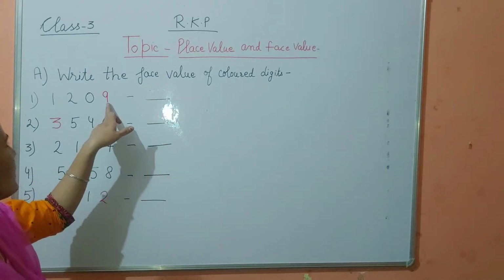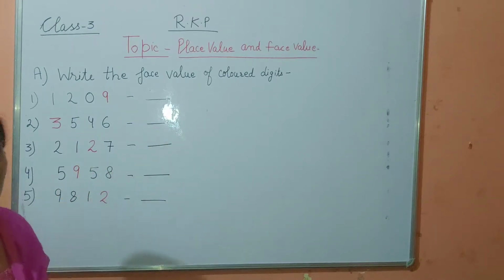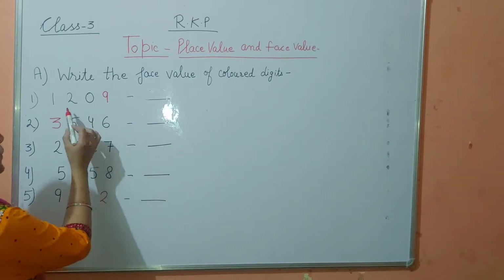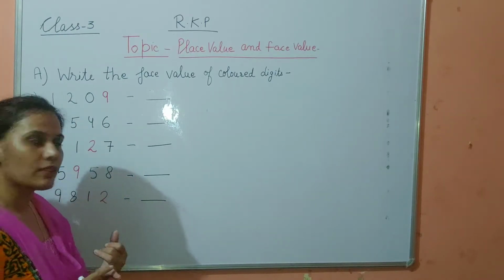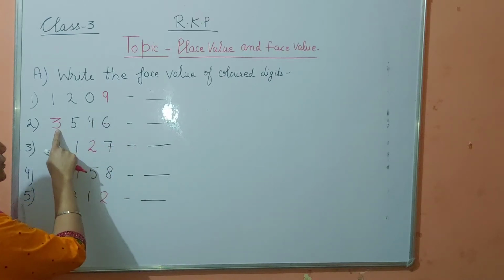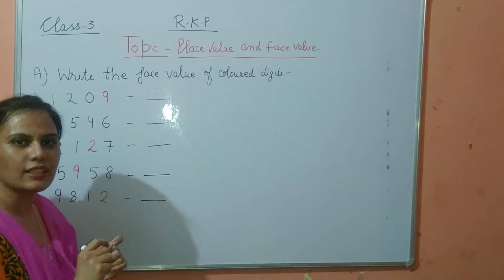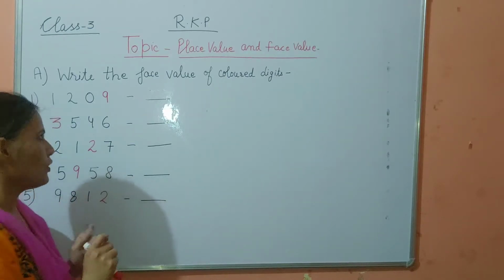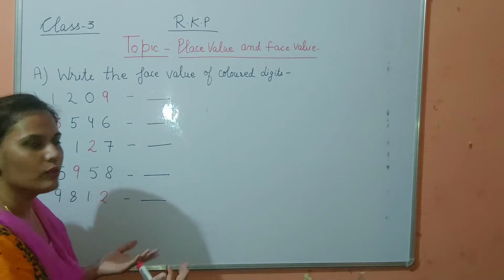As you can see, there are red colored digits whose face value is to be written. So 1209, I have already told you whether the digit comes at 1's place, 1000 place or 10's place, the face value of a digit is the digit itself. So just write the number here. It will be the face value.